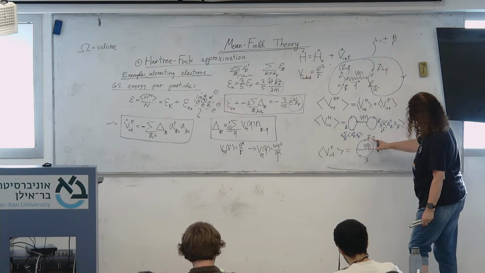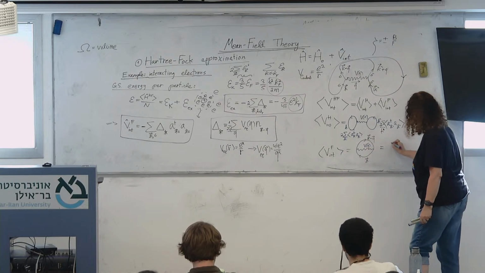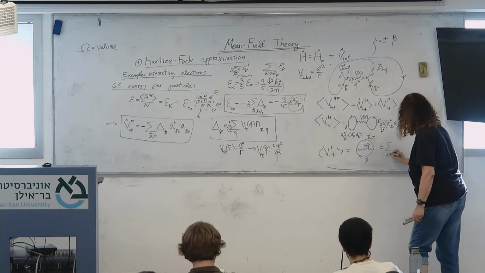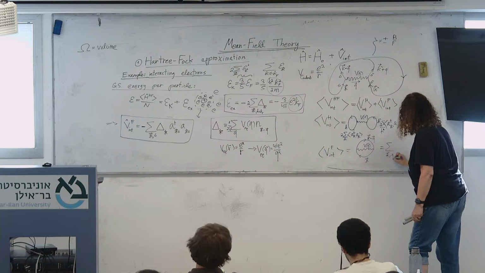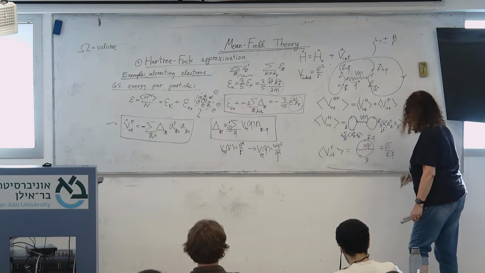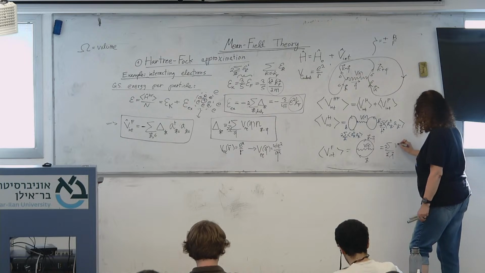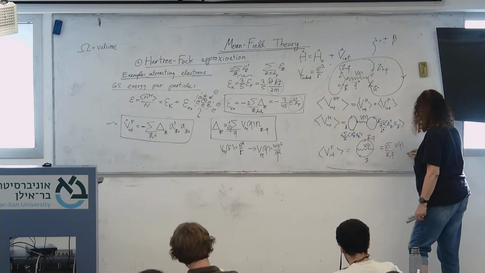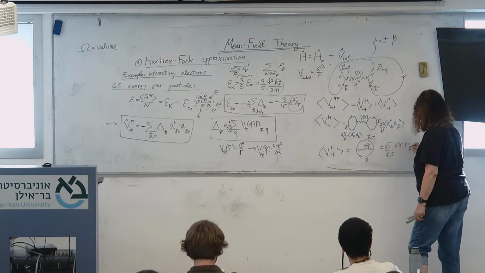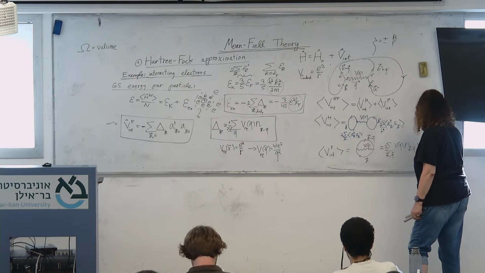Whenever I see a loop like this, I have to sum over k and q, and put a factor of 2 for the spin, v of q, and n of k minus q, n of k.